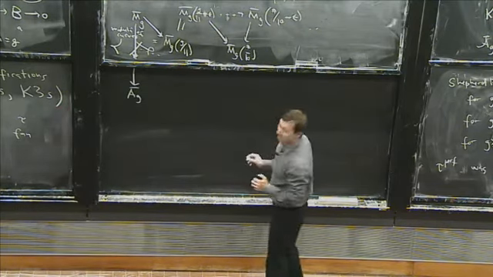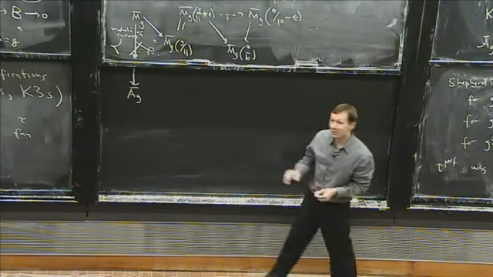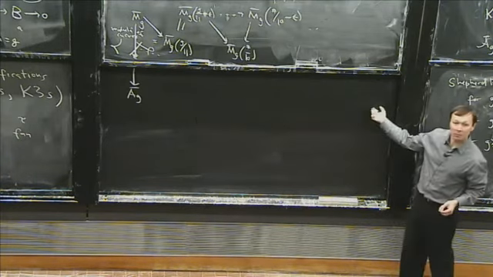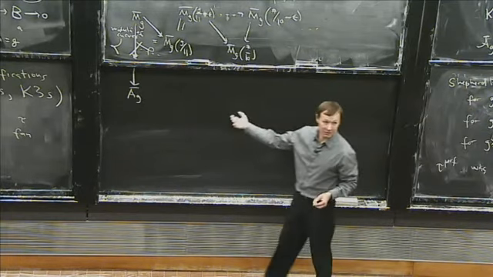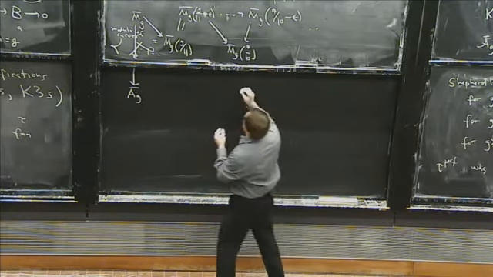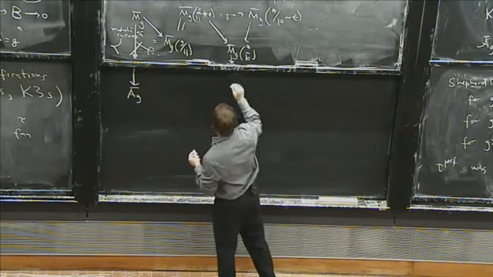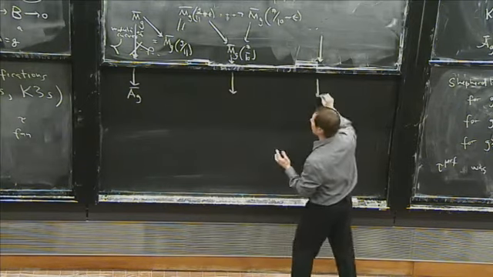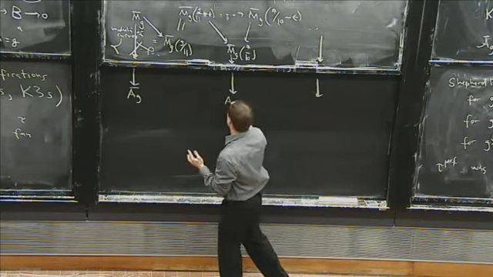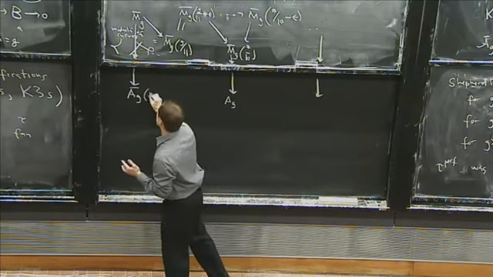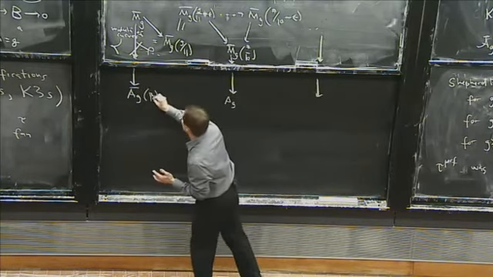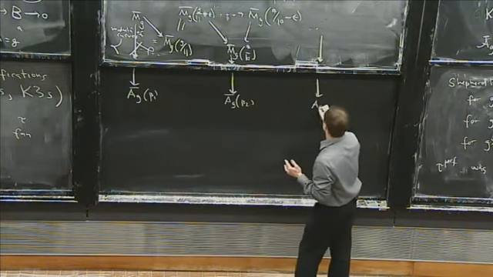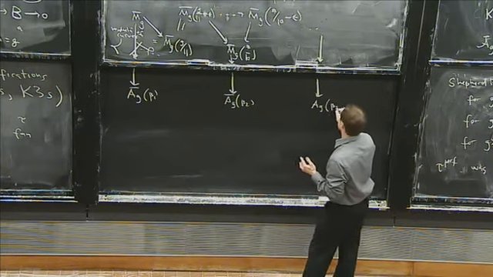So the question is, can you also put a chain of spaces on the bottom for abelian varieties, maybe I'll put some beta 1 and beta 2 and beta 3.